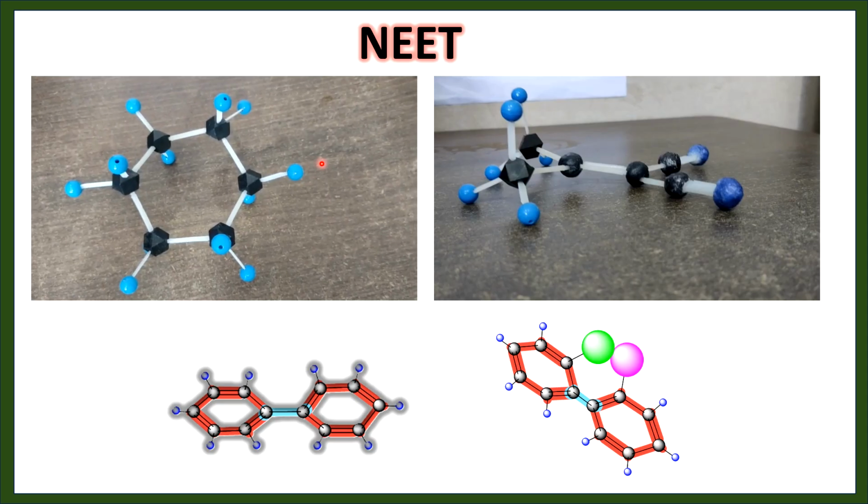It looks like a chair-like conformation, but from the top it is a hexagon. So only biphenyl looks planar with all atoms, and if it contains bulky groups at the ortho position, some twisting happens, otherwise it is planar.